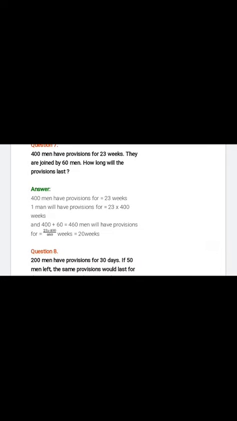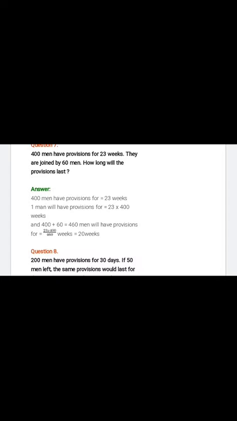And now, the second time, 60 men will join them. So 400 plus 60, total 460 men will have provisions for 23 multiplied by 400 upon 460, because this time 460 men will be there.